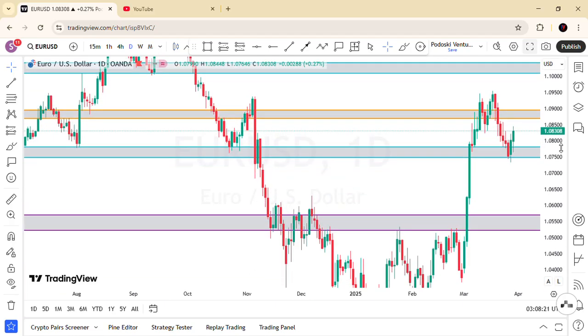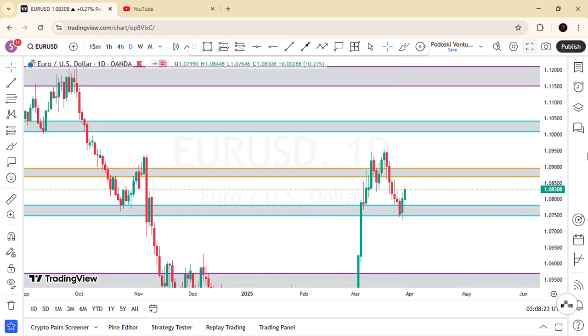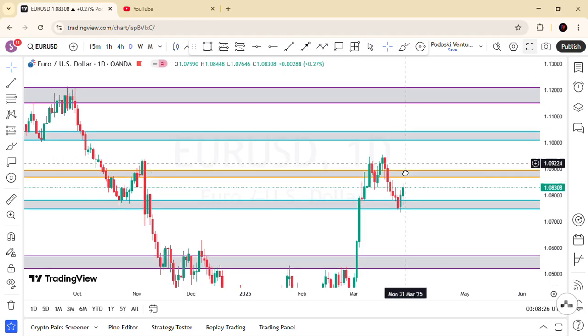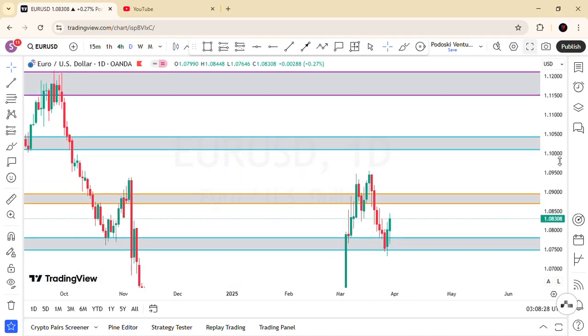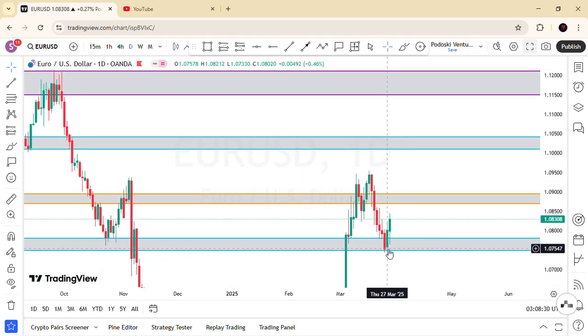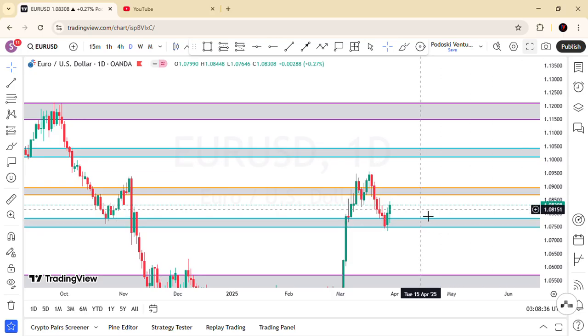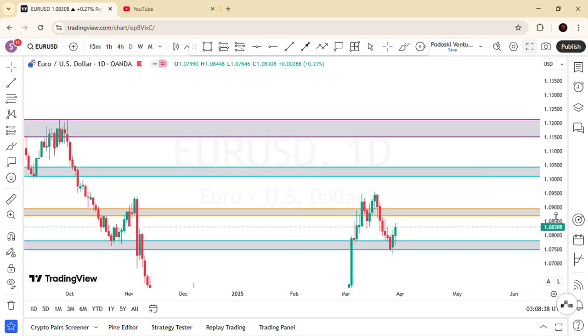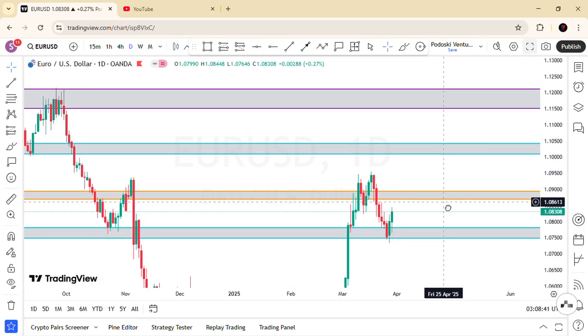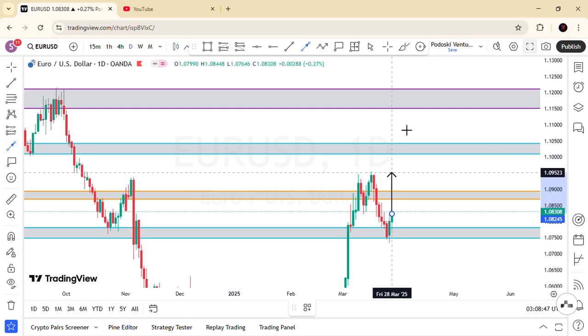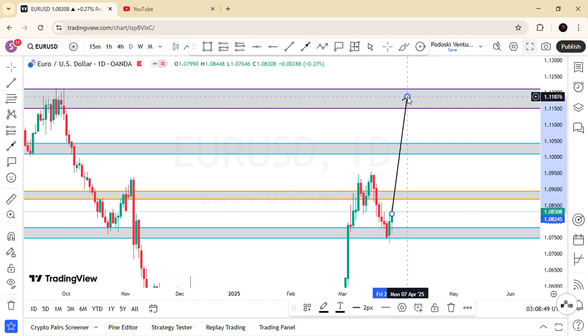So on the daily time frame, you could see after price taps into the weekly zone, it dropped all the way to the daily zone. Again, the daily breakout zone, price dropped to the daily breakout zone, and it's giving us a very nice bullish pattern or bullish confirmation, and it's telling us that price is ready to go all the way to the monthly resistance zone.